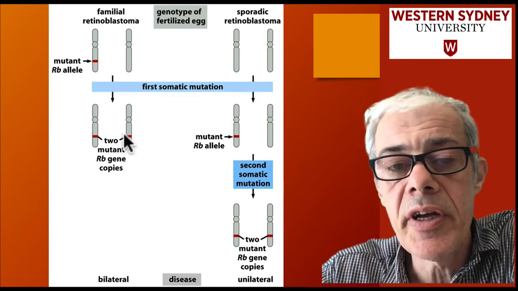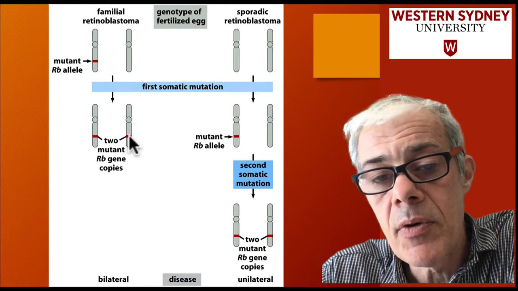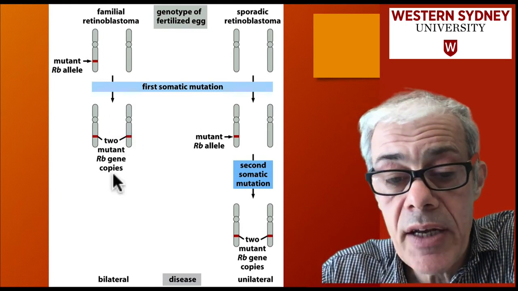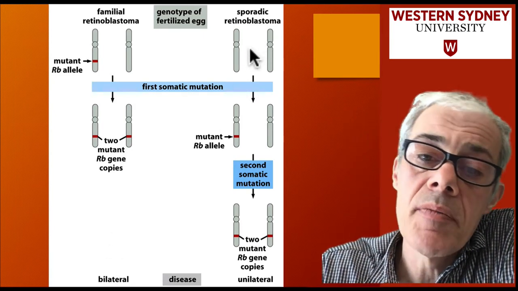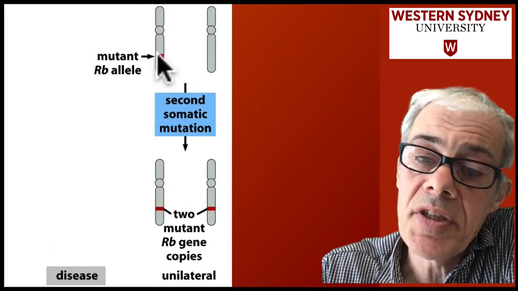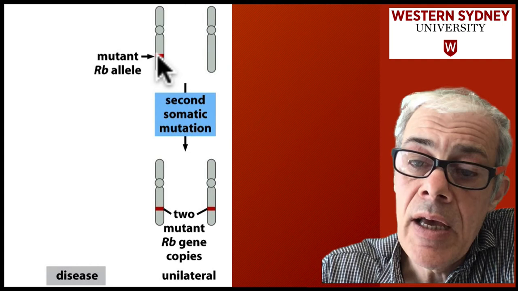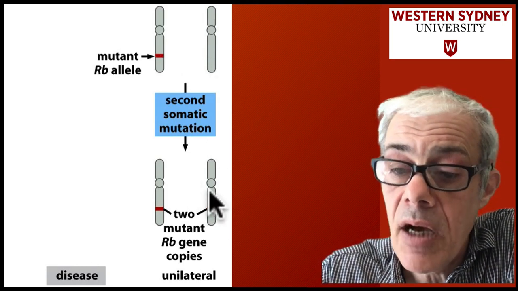Early on in development of the embryo, you pick up this second mutation, which then causes cancer in both eyes. With the sporadic one, the first mutation knocks out the first copy, and the chances of knocking out the second copy are very low, but it does occur.